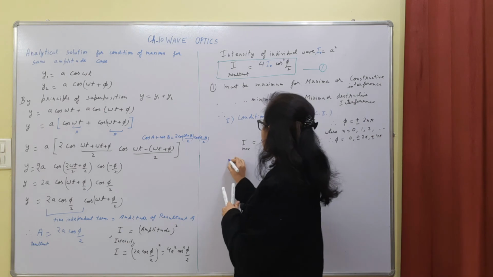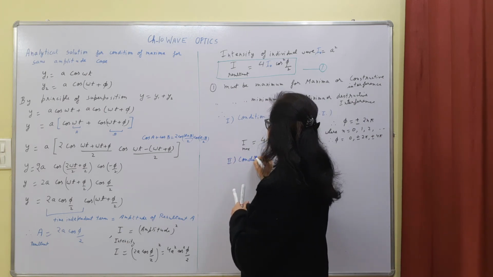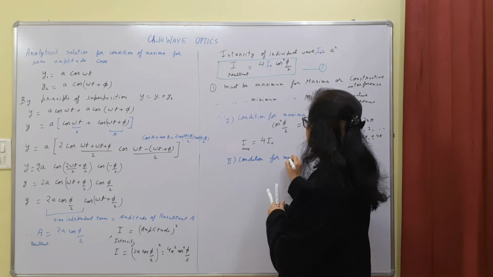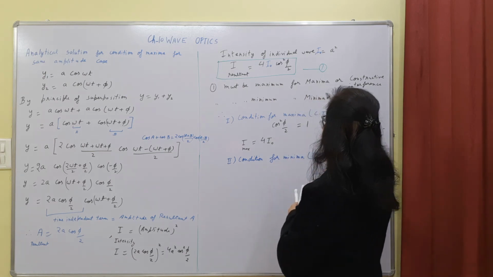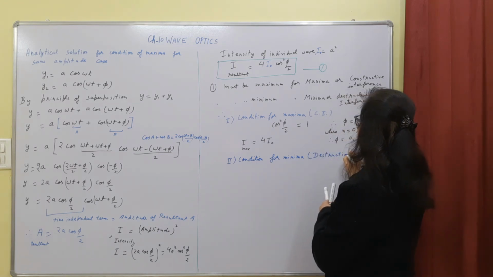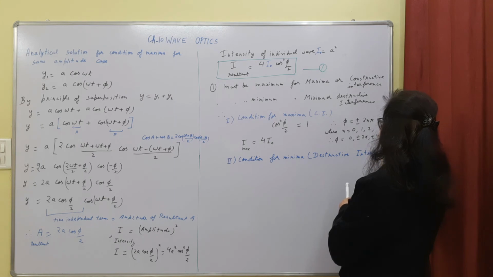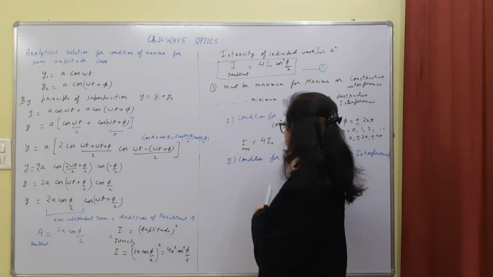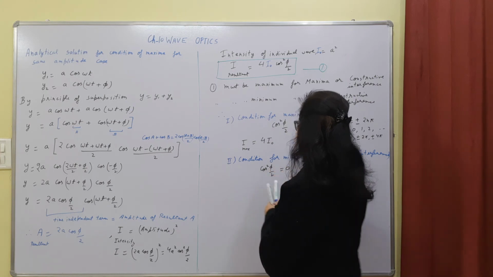And second is the condition for minima, that is destructive interference. For that, cos square phi by 2 must be 0.